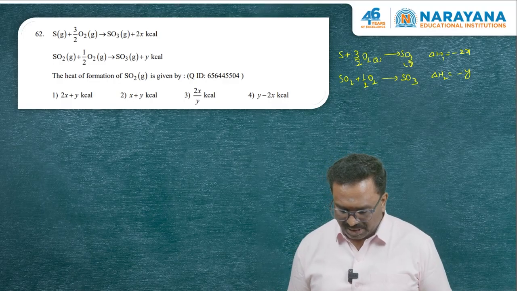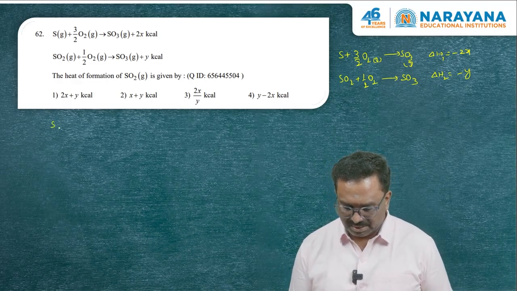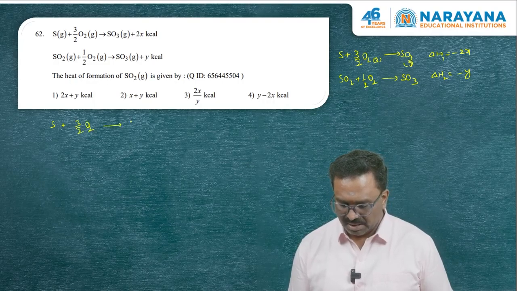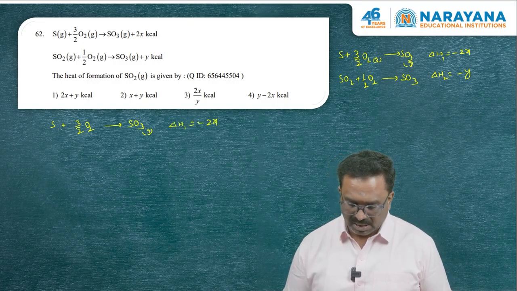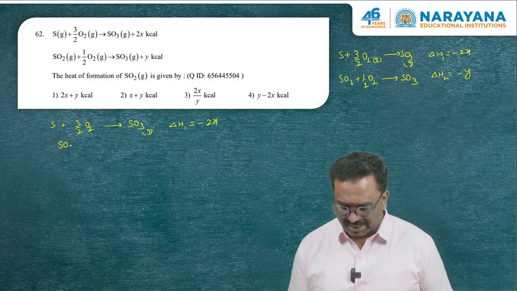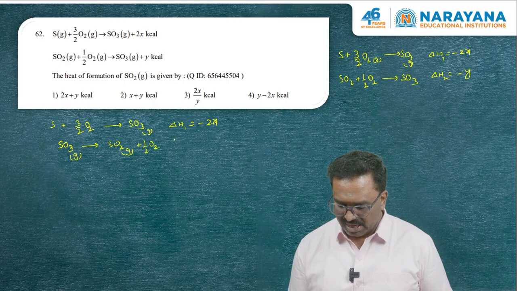So the heat of formation of SO2 is nothing but sulfur by the reaction with oxygen to form SO3. Here this is delta H1, minus 2x. If we reverse the second equation, according to the Lavoisier-Laplace law, which is also called the first law of thermochemistry, the sign of delta H is reversed.